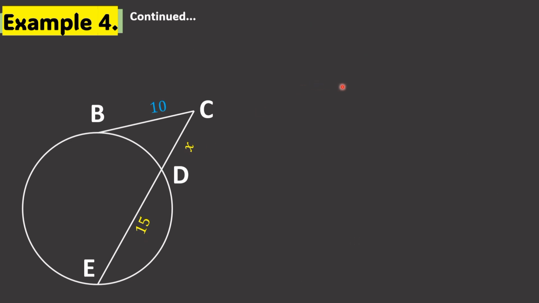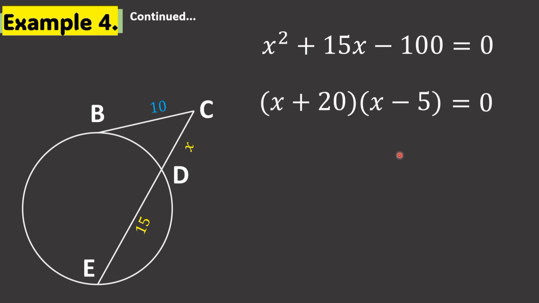by factoring, quantity X plus 20 times quantity X minus 5 is equal to 0. Think of two factors of negative 100 wherein adding them will result to positive 15.